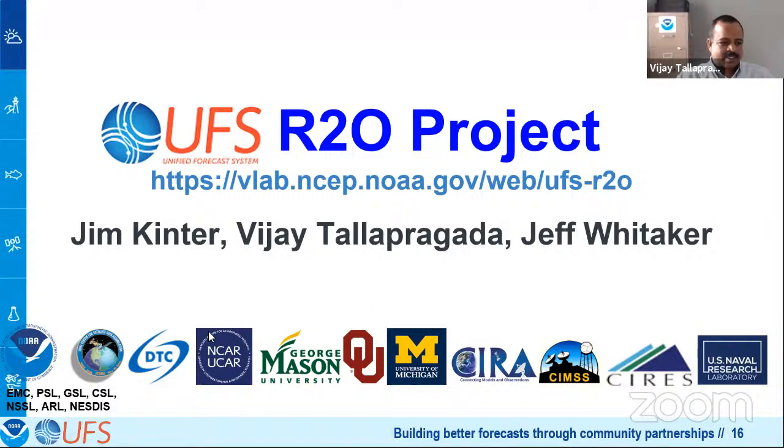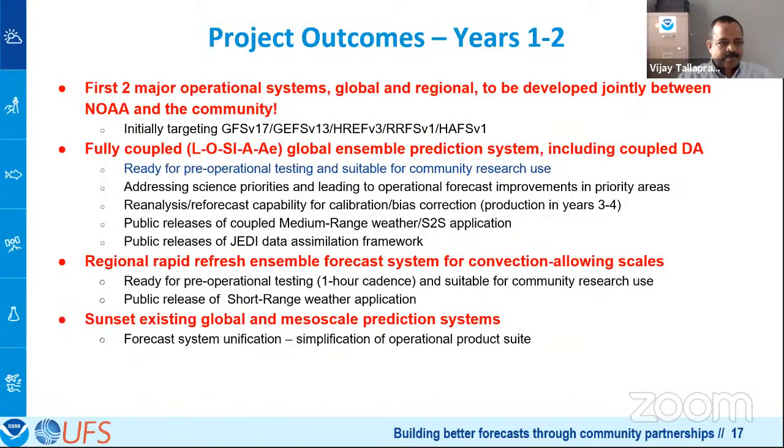And you can see the collaborations range between NOAA labs as well as NCAR, universities, and Navy. And these collaborations are expanding as we speak. So it has a 2-year outcome that was specified.